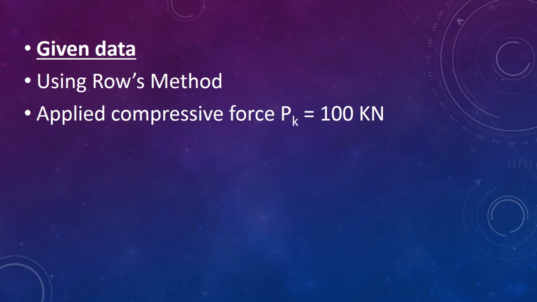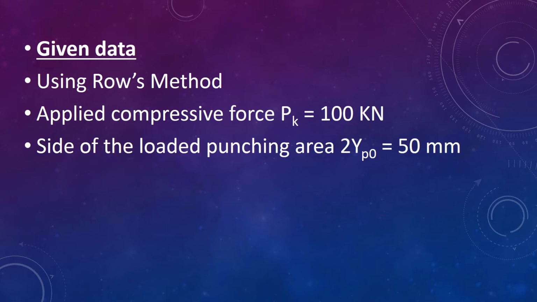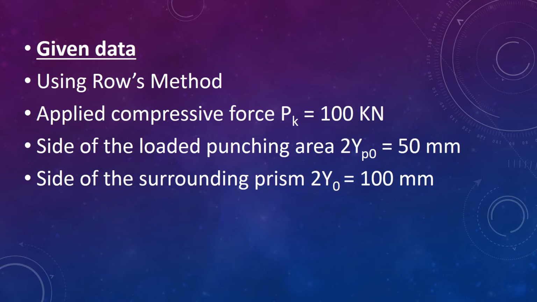Here the applied compressive force Pk is equal to 100 kN. The side of the loaded punching area, or side of the anchorage plate, 2yp0, is equal to 50 mm. The side of the surrounding prism, 2y0, is equal to 100 mm.